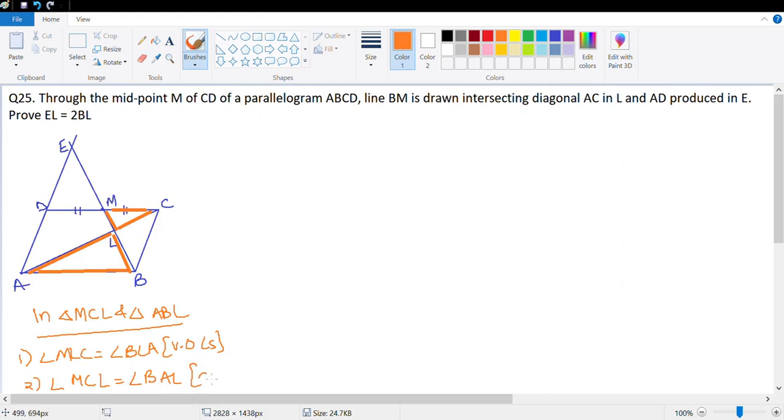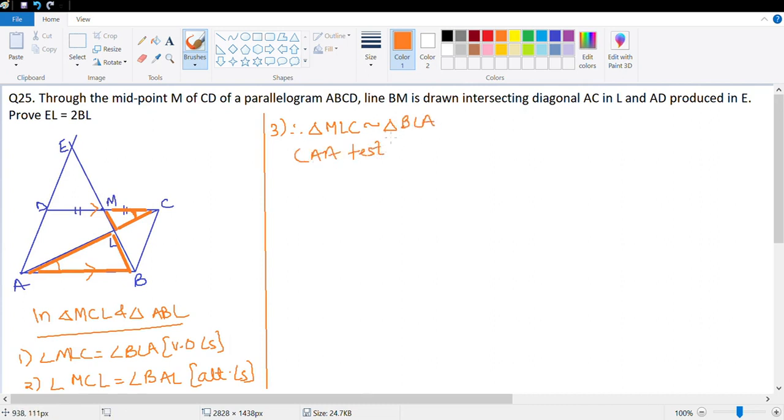Reason, alternate angles since CD is parallel to AB. Yes, that's correct. These two angles will be equal, which is this angle here and this angle here are equal. These are alternate angles. What this gives us is point number three. Therefore, triangle MLC is similar to triangle BLA by AA test.